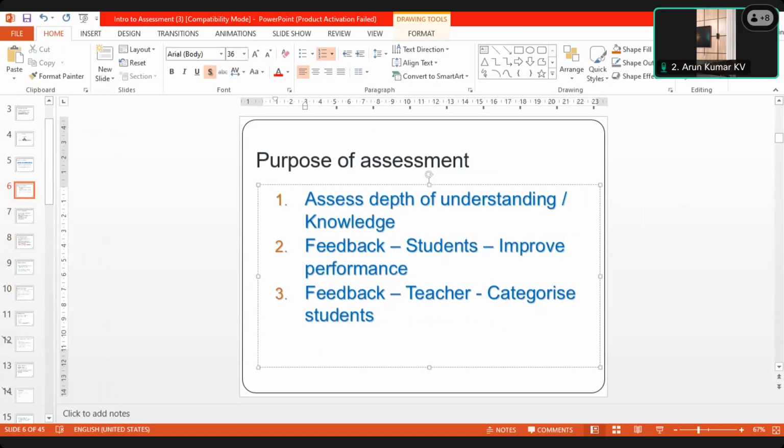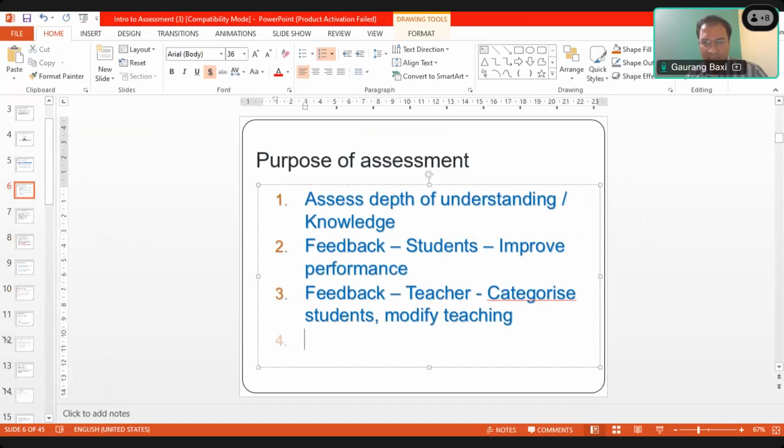To modify teaching, to gauge the level of competency among the students. Somebody first mentioned modified teaching. So again, it's feedback to the teacher. And what next? What about competence? To gauge the level of competency among the students.